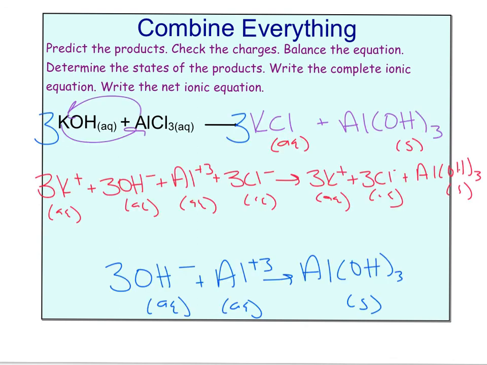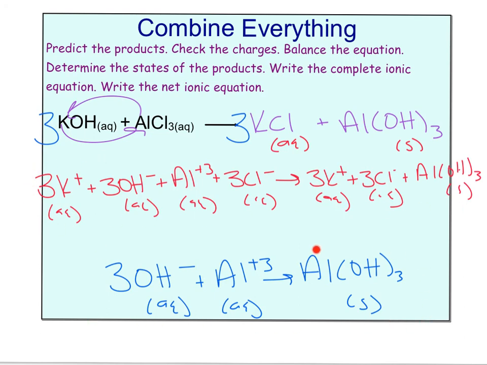So here is everything. Up here, this is where I predicted products, I checked charges, I balanced it, I did states of matter. We do have a precipitate form in this case, a solid form in this case. Here is the complete ionic equation, the everything equation with coefficients, charges, states of matter, everything.